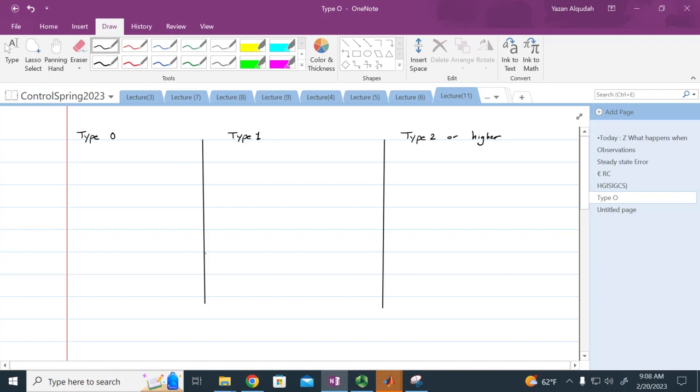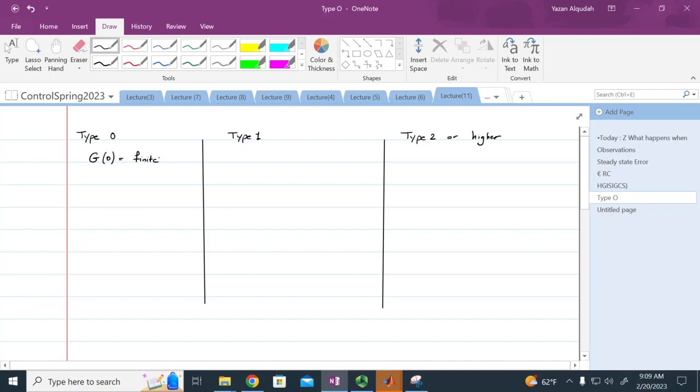Okay. So if we have a type 0 system, what is g of 0 going to be equal to? Constant. It's going to just equal to a finite constant.